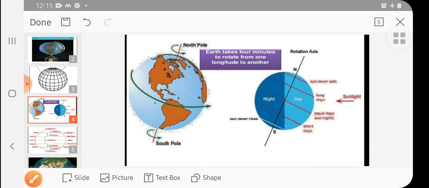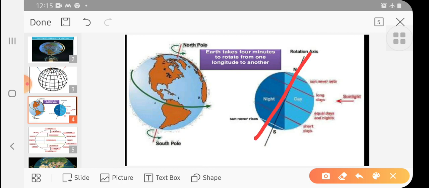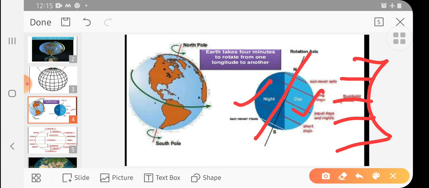So in this diagram, you can understand that by its axis it is tilted 23 and a half degrees, or makes a 66 and a half degree angle, and the portion which is in front of the sun sometimes experiences the day, and which is away, it is the night. It is written over there, so you can understand this.